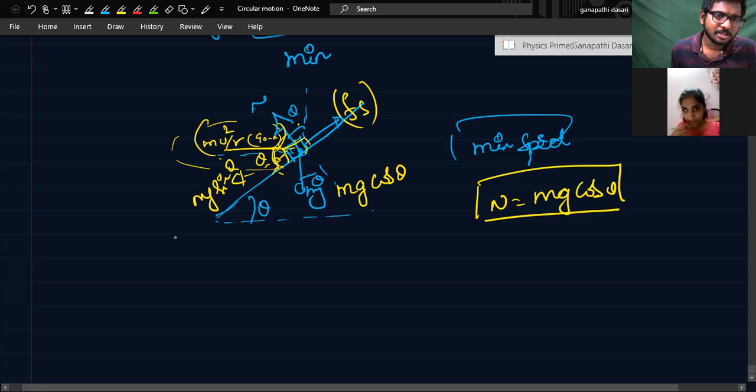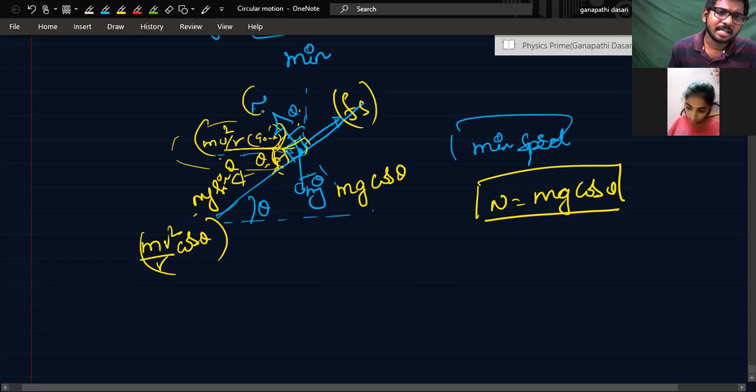So on this side it will be mv square by r cos theta. Did you understand this? Then in this direction, mv square by r sin theta. Got it? Cos of 90 minus theta is sin theta.